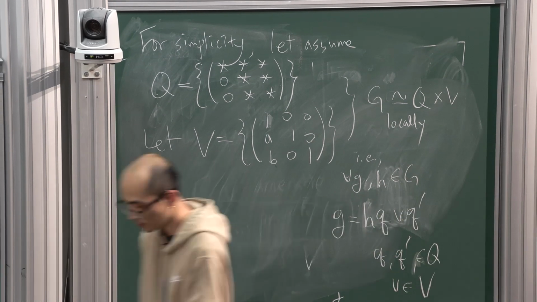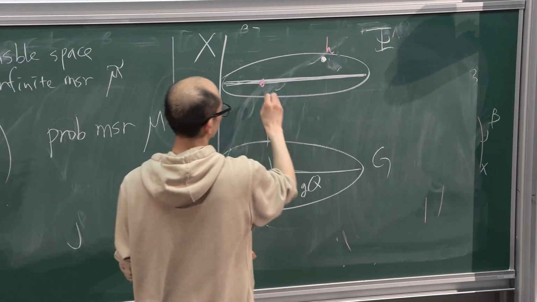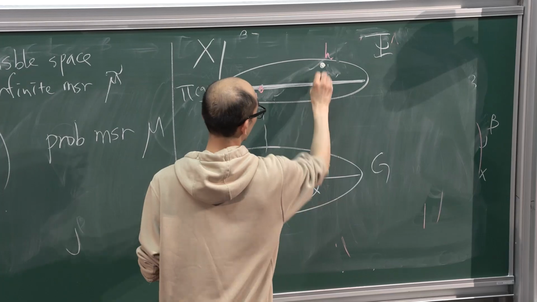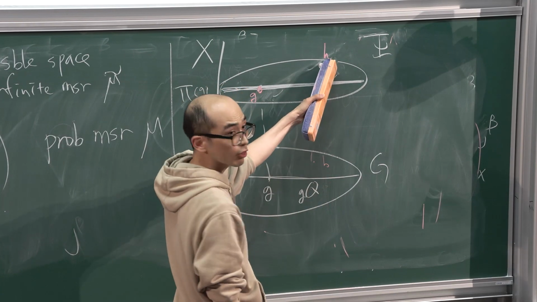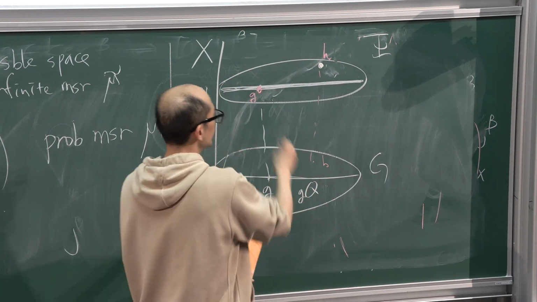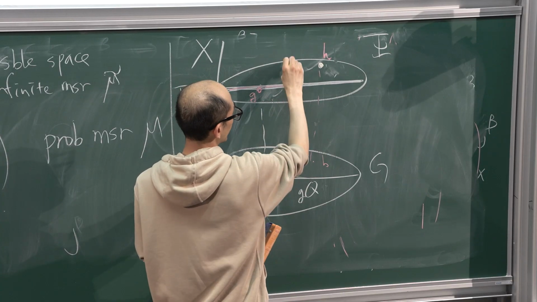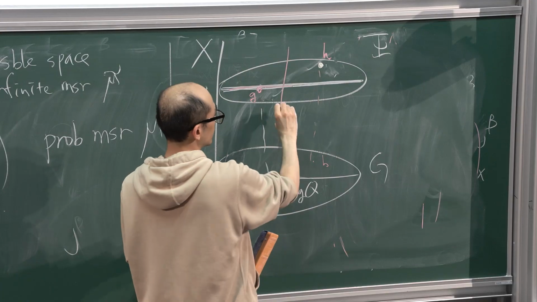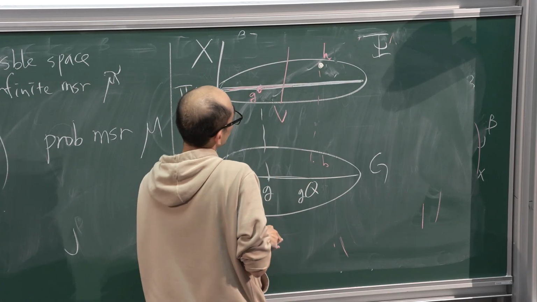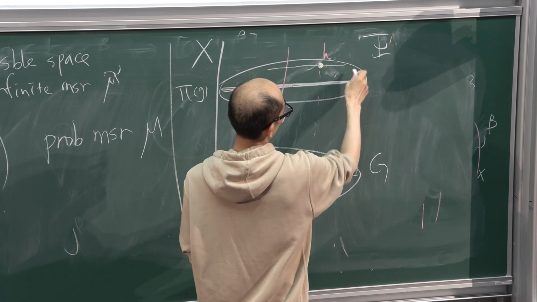And what does this mean in the picture? In the picture, if I see the other point h in the graph, then I want to go to Q first, and then V is transversal to here, and then I want to go to hQ.